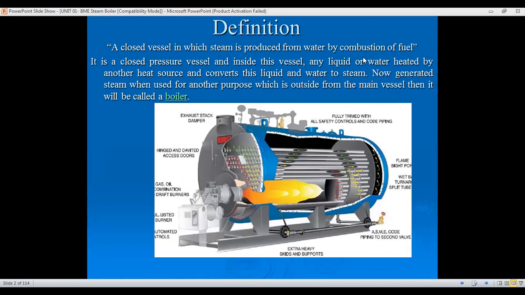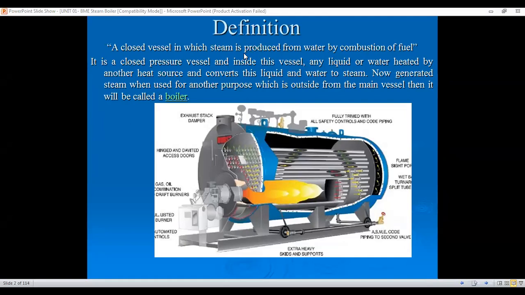The first and very simple definition is: a closed vessel in which steam is produced from water by consumption of the fuel.